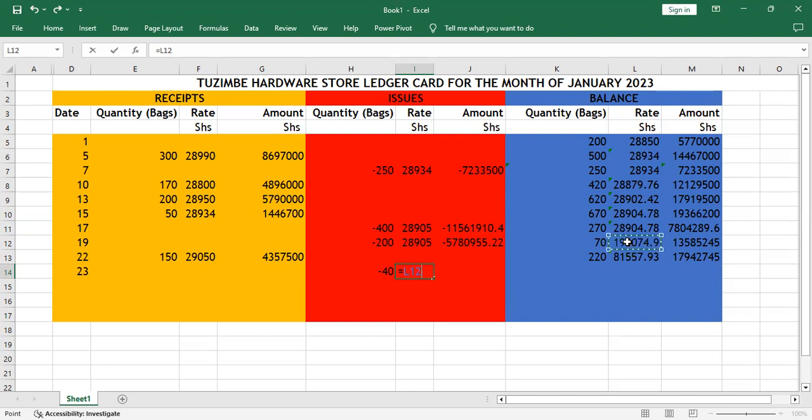The 70 bags, I think there was a mistake here. The 70 bags, yes, we purchased. We issued out 200 from the 270 to come up with this, but I think I didn't adjust the rate. The rate should have been, if there is a mistake somewhere here, the rate.